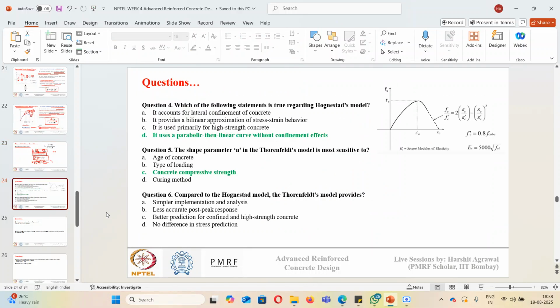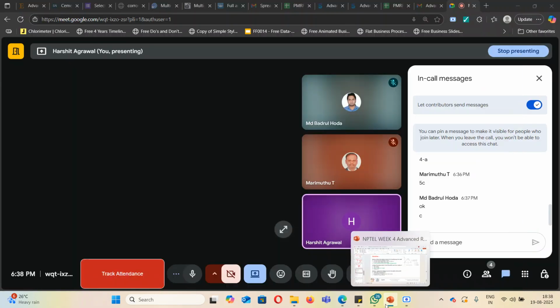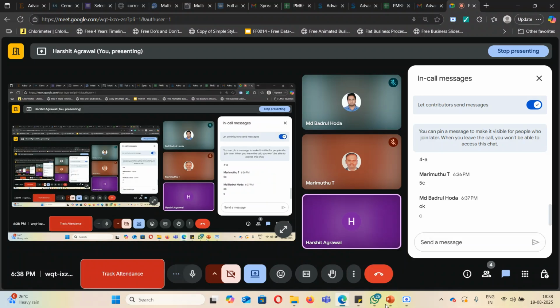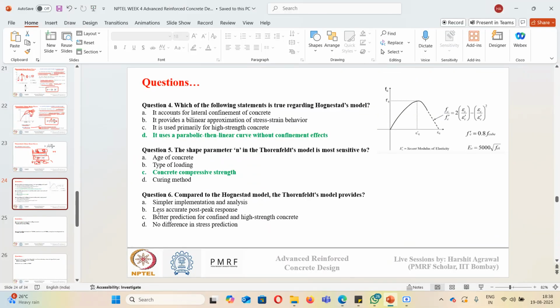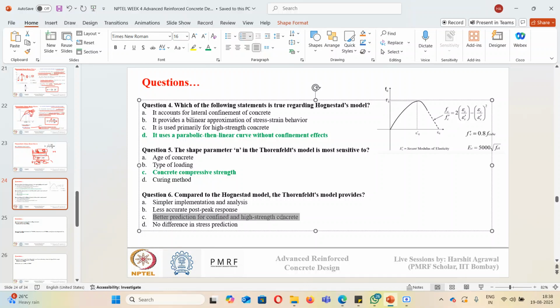Question number 6. Compared to the Hognestad model, the Thorenfeldt model provides... yes, the correct answer will be C. This we have seen in the first question here only.